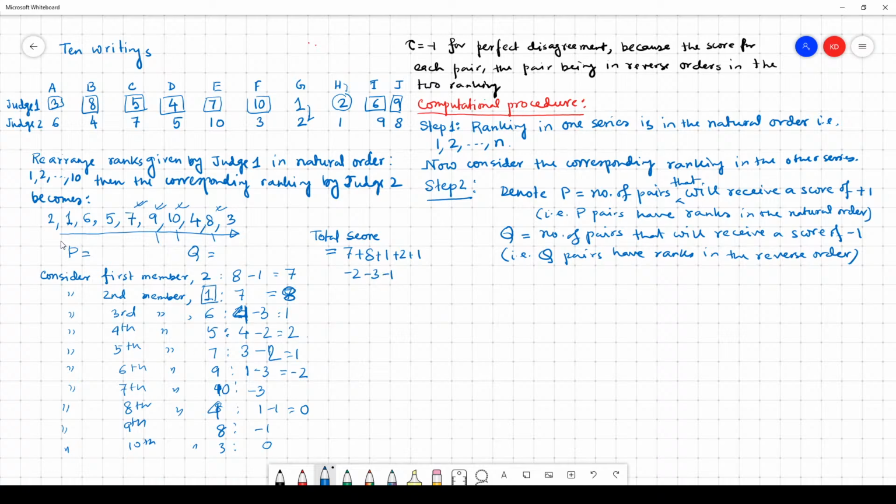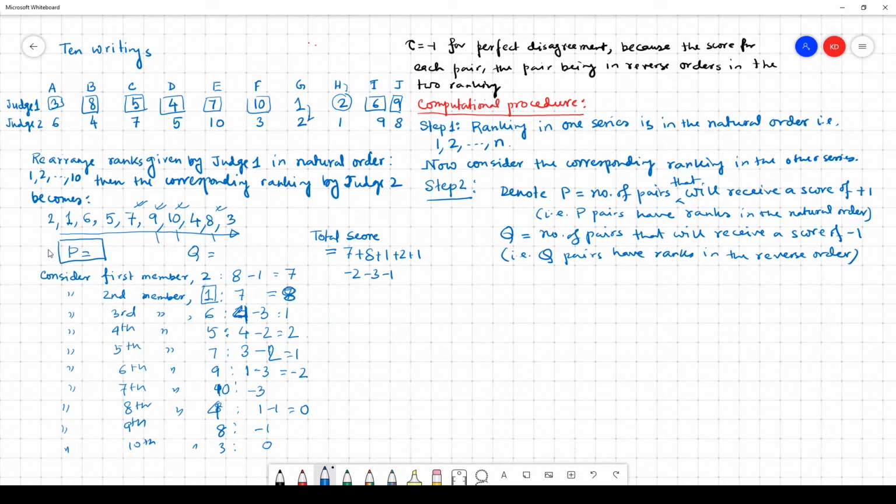And please tell me what is P here. P is the total number of positive pairs or natural pairs, and the other is the total number of reverse pairs, Q. So please tell me the value of P and Q.